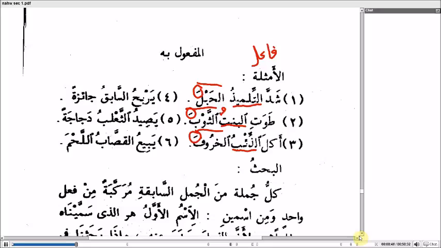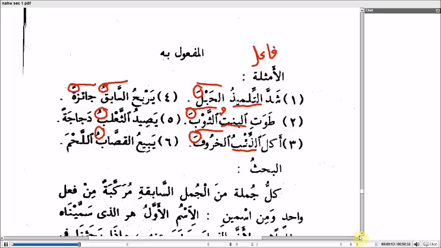Same thing over here. Yarbahu as-sabiq, the one who won the race, the winner, is marfu'. Yasidu ath-tha'lab, the fox is doing the hunting, it's the doer, it's marfu'. Yabi'ul qassab, the butcher is selling, it's marfu'. What did it win? It won a prize.